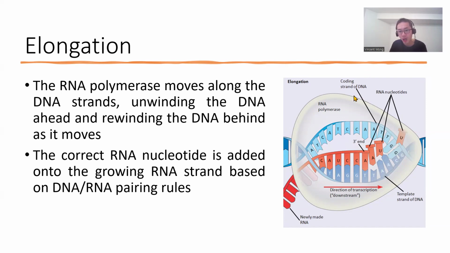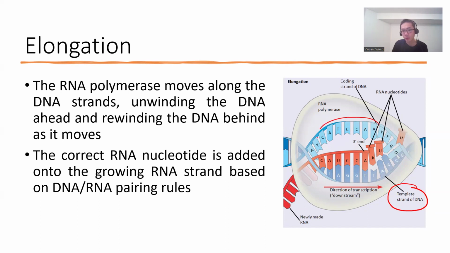But the one that we are copying from, that's called the template DNA. And we're going to be following the base pairing rule. Okay? T pairs with A, A pairs with U, because we're building RNA, C pairs with G, and so on and so forth. So the template DNA is the one that the RNA polymerase is building the strands from.